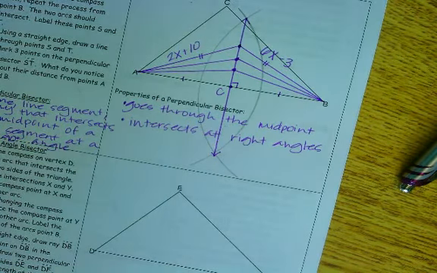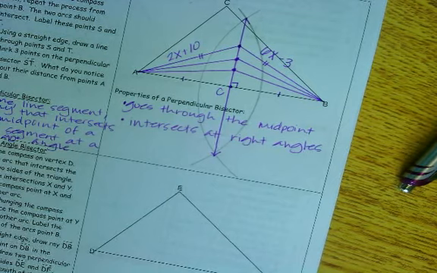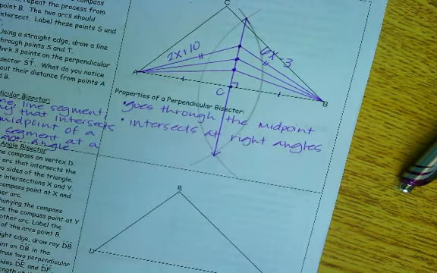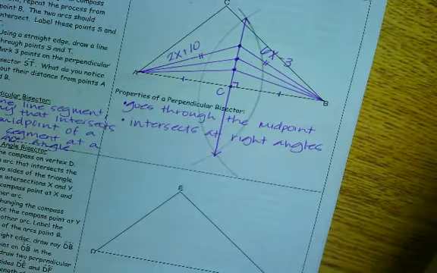So that's something that you would have to know based off the vocabulary. Okay, and then you would set them equal to each other and solve. Okay, so it's not just so much knowing how to construct them, you have to know the properties and why they're unique. Question on perpendicular bisector.